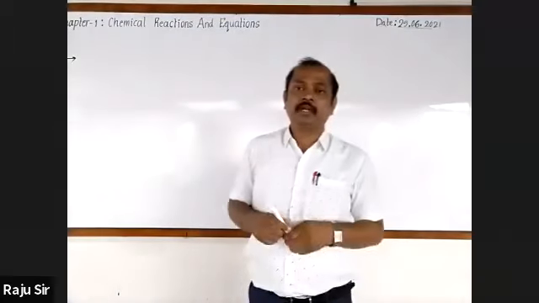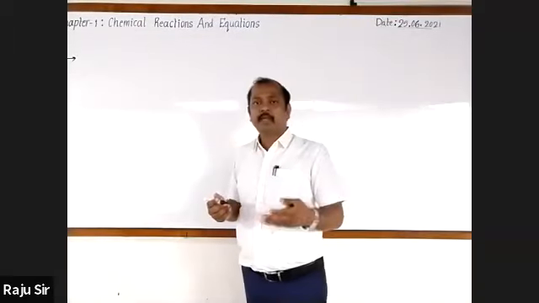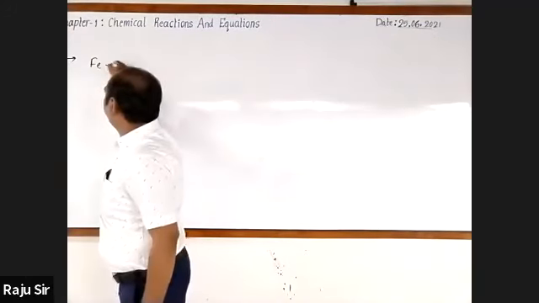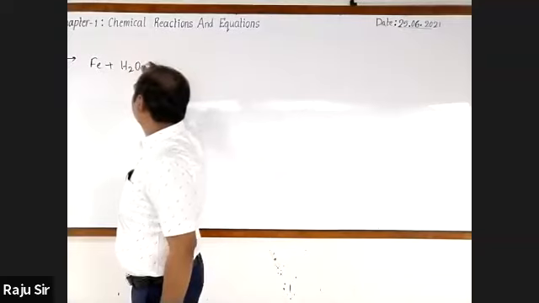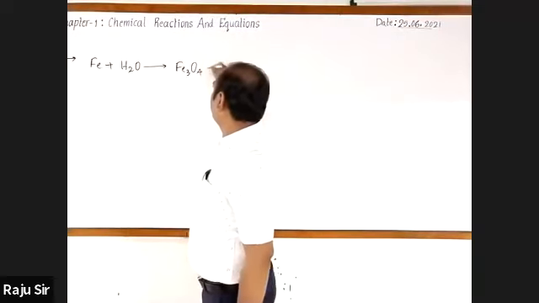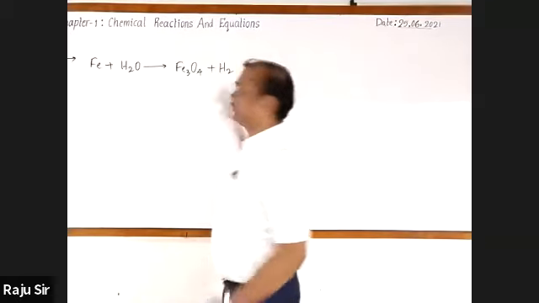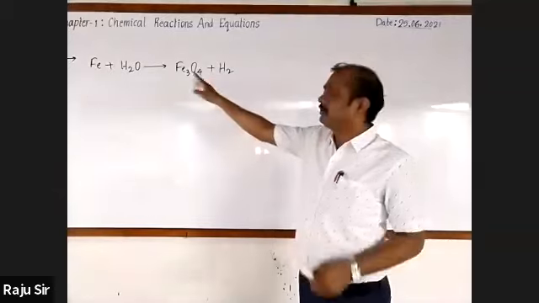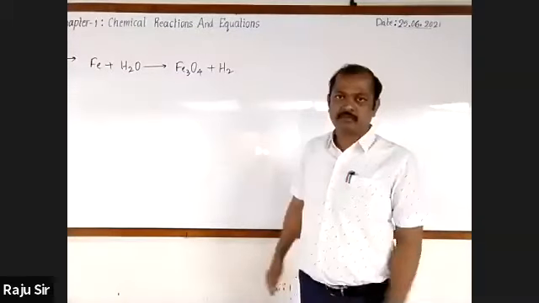And it should be written in symbolic representation in the second step as Fe + H2O gives Fe3O4 + H2. Then we put a box around all the reactants as well as products.